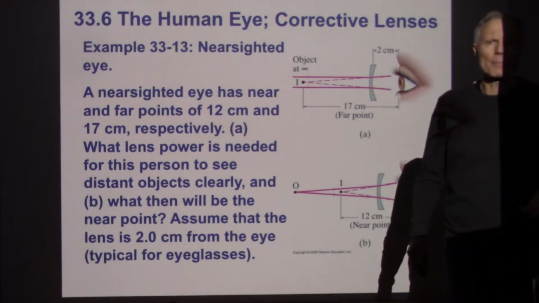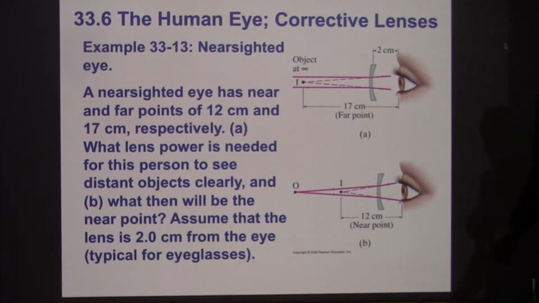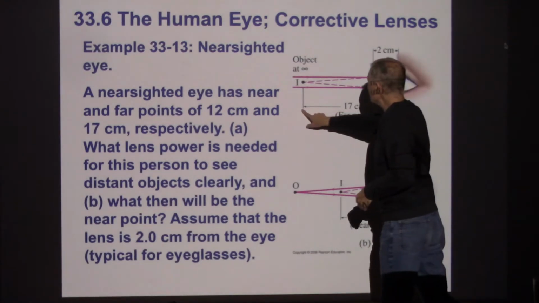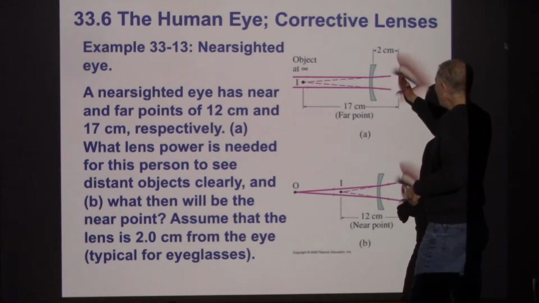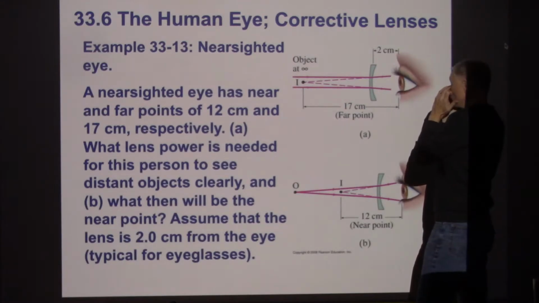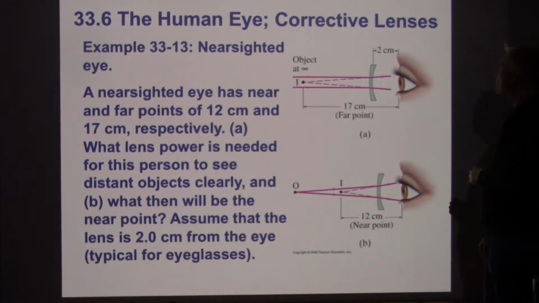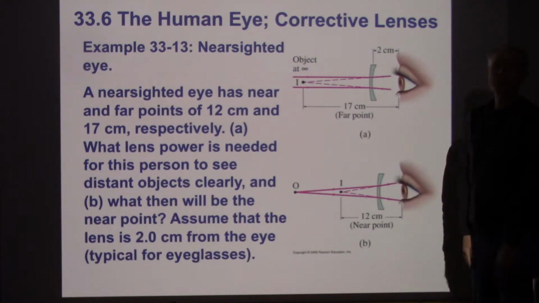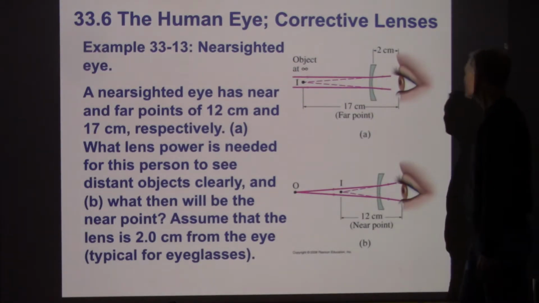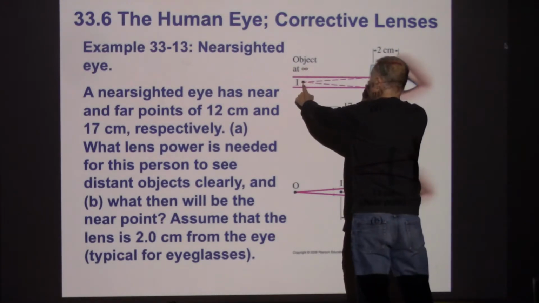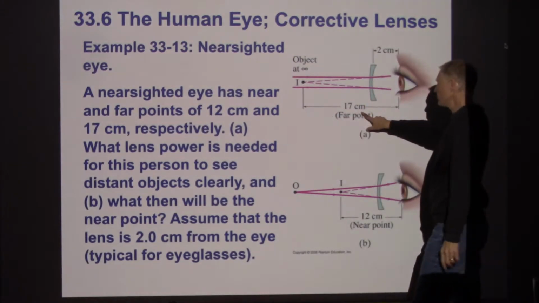Before we were just approximating that the lens is right up against the eye, but in reality the lens is going to be a couple centimeters away. So we want the image to be 17 centimeters away, no farther, because the person won't be able to focus on it. If we bring it closer, we're going to over-prescribe. We don't want to over-prescribe, we just want the lens to be powerful enough that the person can bring everything into focus. So we'll use the person's far point. Since there's 2 centimeters here, that means DI is going to be 15 centimeters.